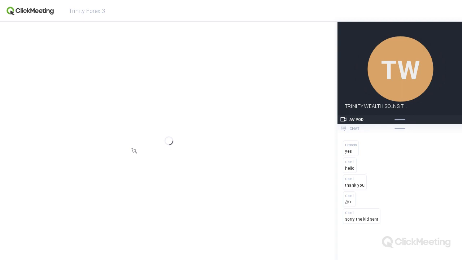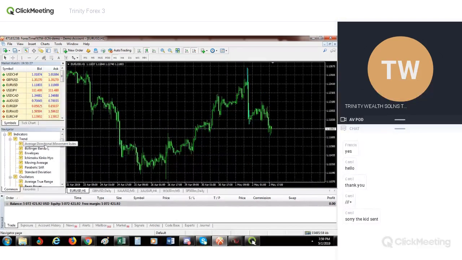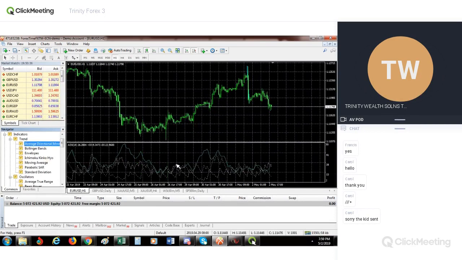So we talked of the average directional index, ADX. Okay, so this tells us the strength of a trend, right? And we say that a reading above 40 is strong. Actually, this one, minus DI is 22, and plus DI is 9.